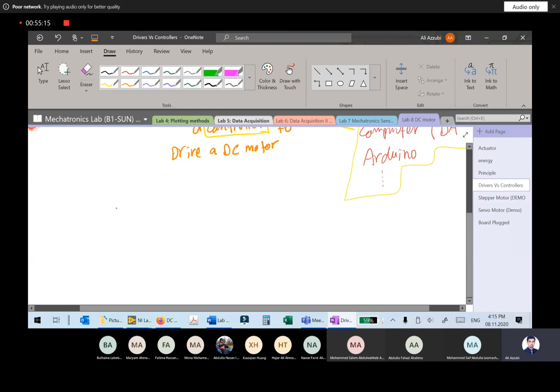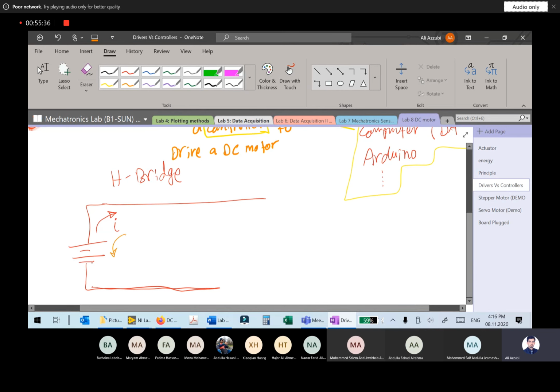I don't want to spend a lot of time on this, but let me just give you the basic principle behind this driving circuitry. This is the H-bridge. Here you have a supply, a constant DC voltage. This voltage will give you a current like this.